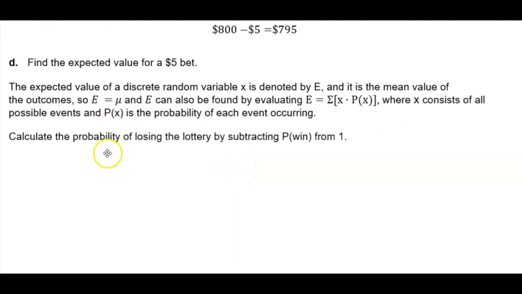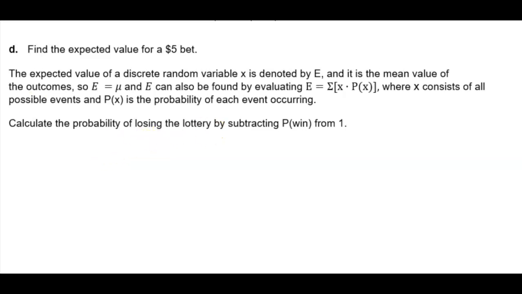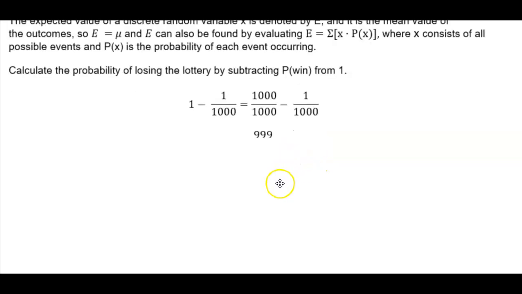Now, we want to calculate the probability of losing the lottery by subtracting the probability of winning from 1. So if we take 1 and then we need to subtract 1 over 1,000, we know that 1 as a fraction is the same thing as 1,000 over 1,000. So 1,000 minus 1 is going to give us 999 divided by 1,000.